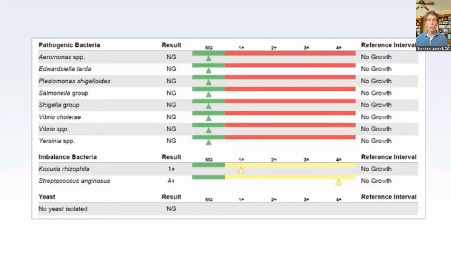You don't want a 4+ of strep in your gut, and I see that a lot. So we will need to put him on a dysbiosis protocol. We can do it orally. We don't need to do fecal transplants, but we can do it with a combination of antimicrobials, probiotics, and diet. And again, a high fiber diet. Next slide.